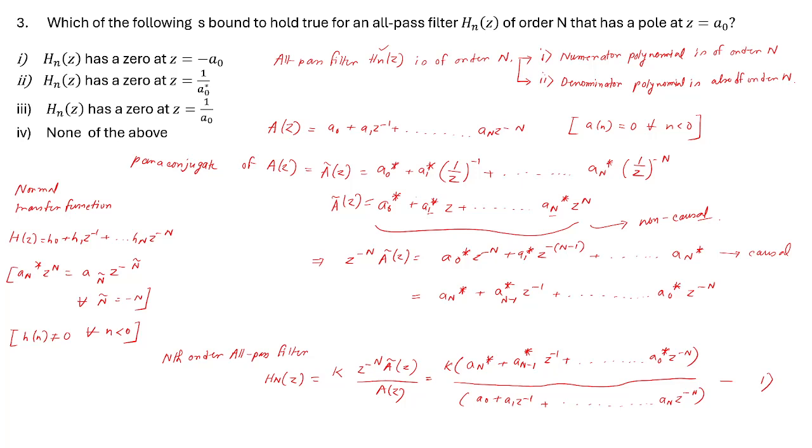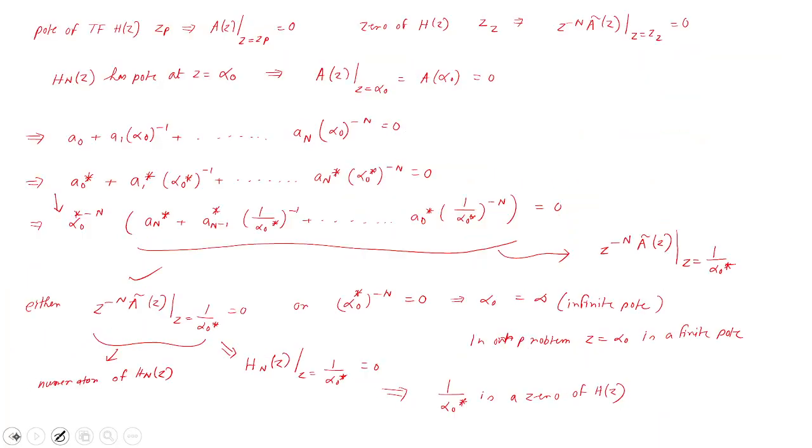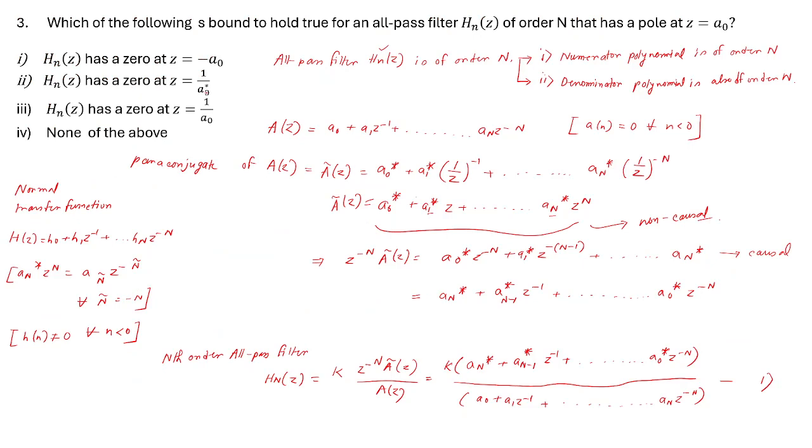So if you have a pole at alpha naught, you should have a zero at 1 over alpha naught star, and if you have a zero at alpha naught, you should have a pole at 1 over alpha naught star. So therefore we have seen that Hn of z has a zero at 1 over alpha naught star. So the second option is the correct one.